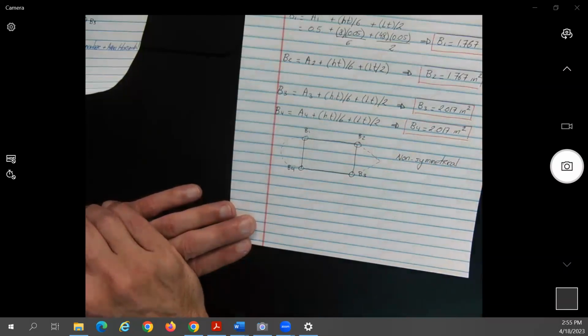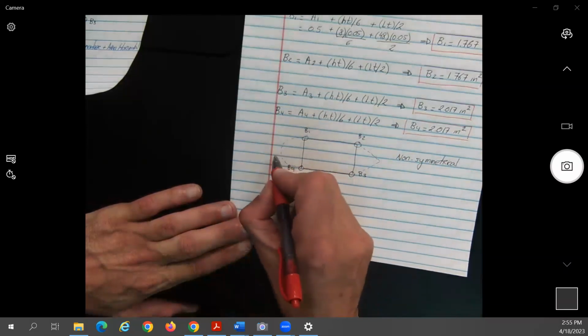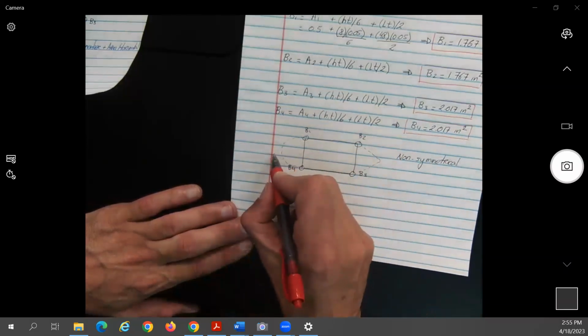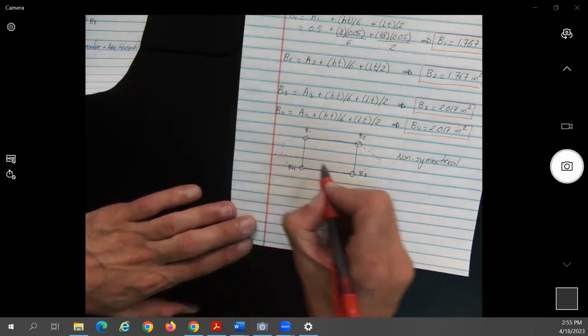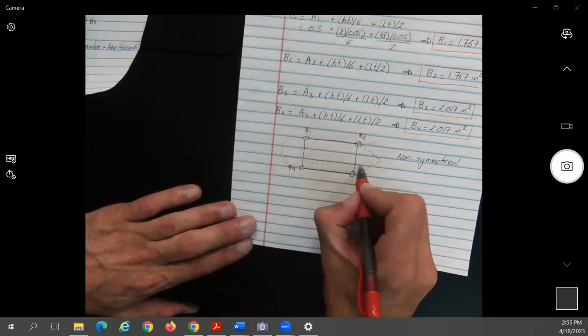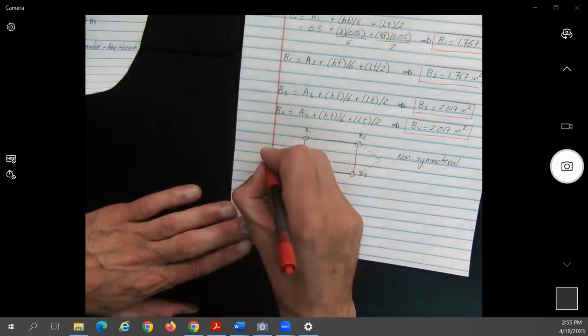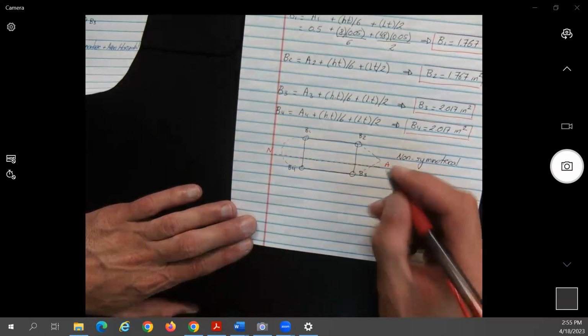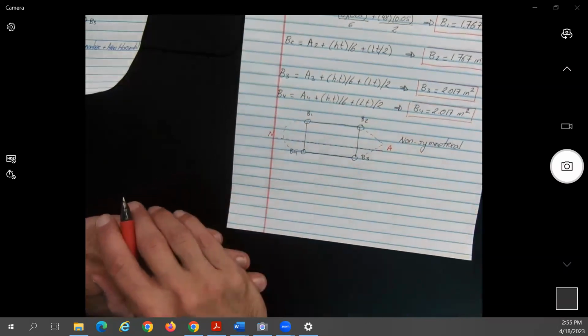Let's say which one is heavier, B3, B4. So if you look at the location of the neutral axis, it should be a little bit lower than the middle, since it's heavier at the bottom. So let's say the neutral axis, I make it up randomly, I make it up over there.